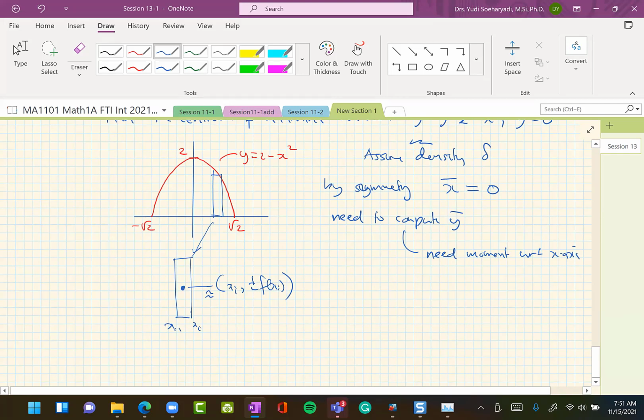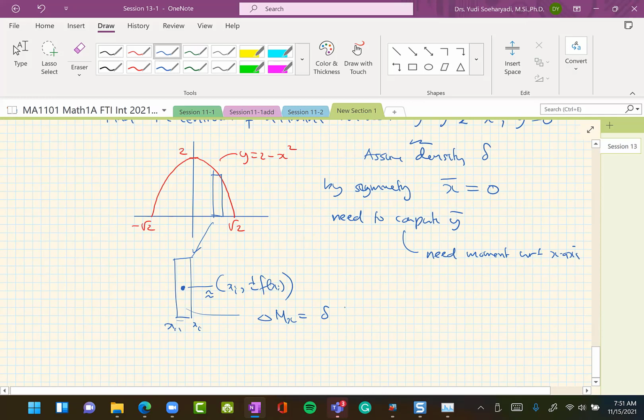So for this moment, let's see, the mass of this is delta times area.